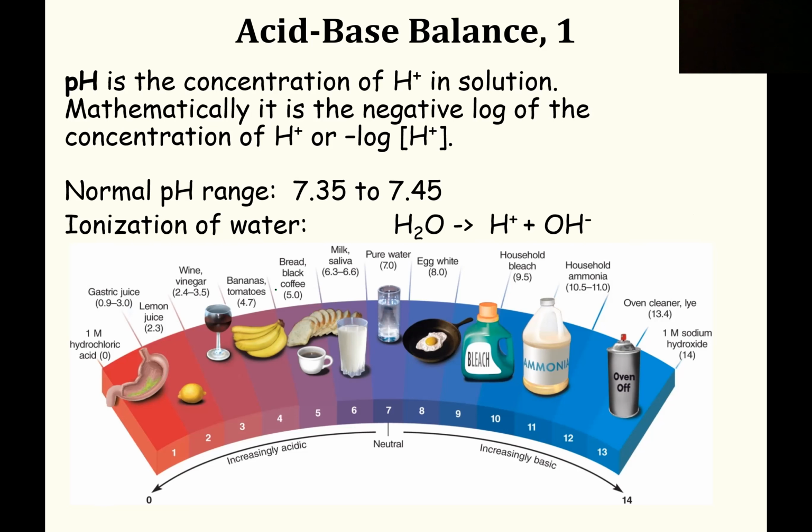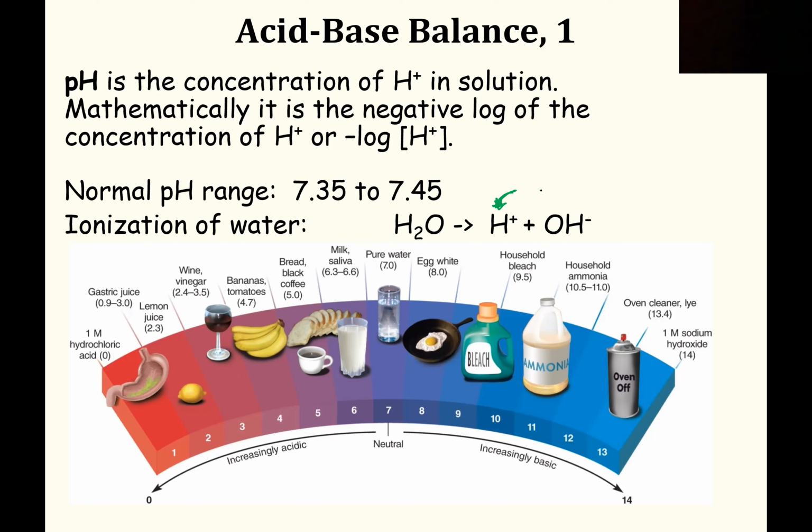Again, we had the ionization of water in chapter 2. So H2O, water, will dissociate into hydrogen ions and hydroxide ions. With pH, we are focusing on the hydrogen ions.